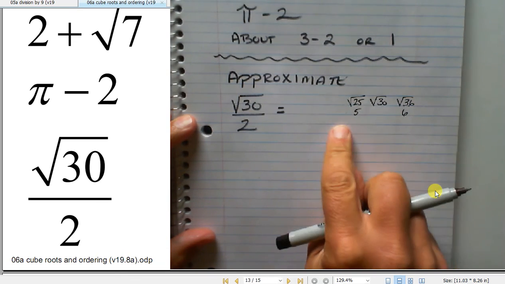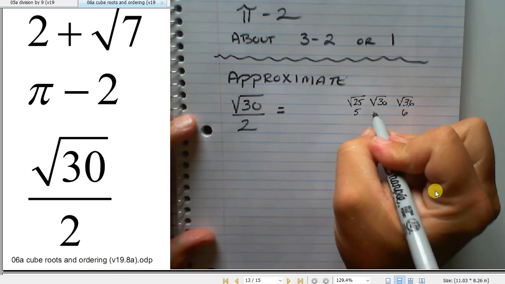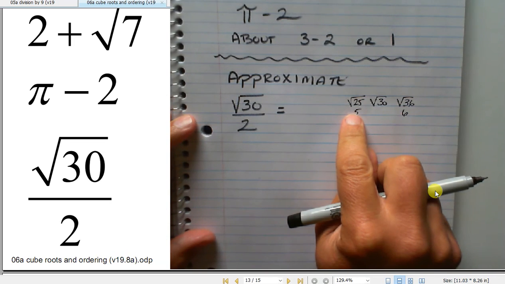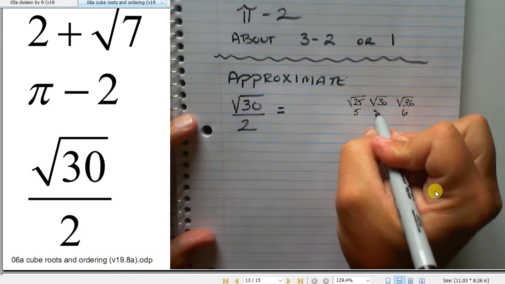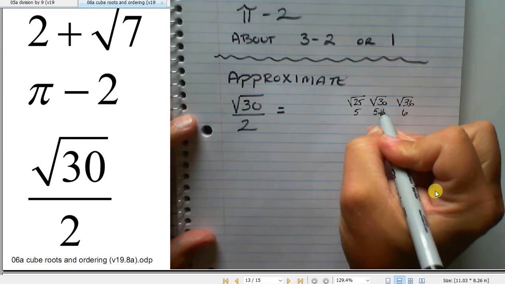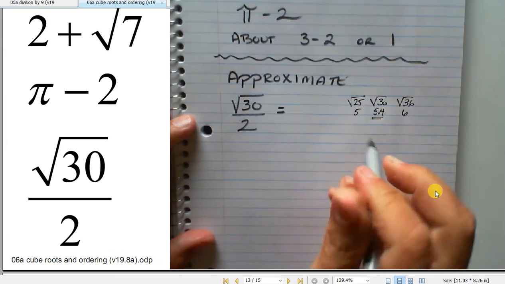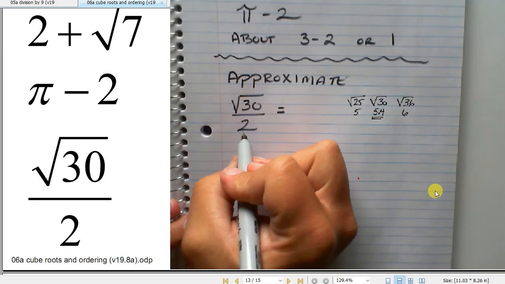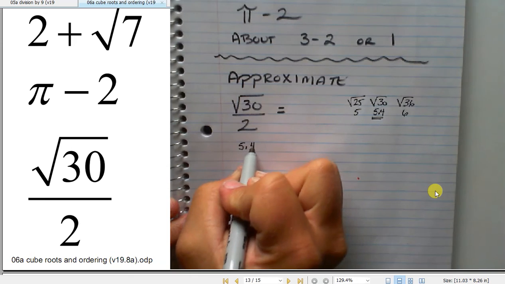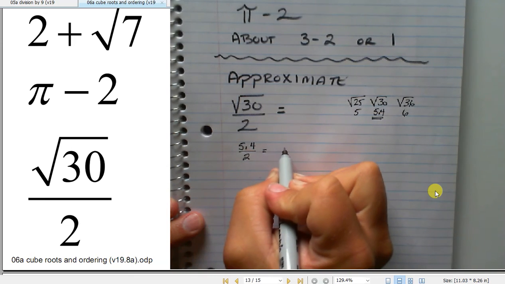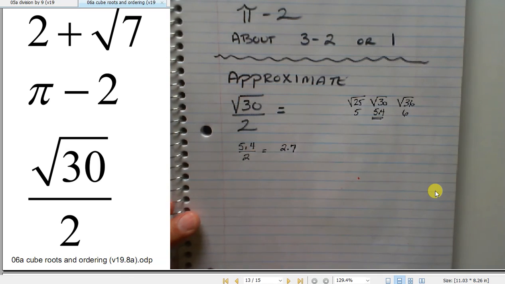It's somewhere right in between 5 and 6. This one's about 5.5. It's actually a little bit closer to the 5, so maybe about a 5.4. So this is really 5.4 divided by 2, which is going to be 2.7. So I went into my neighborhood, and then I did the division by 2.